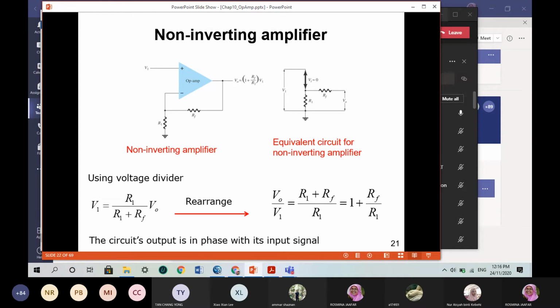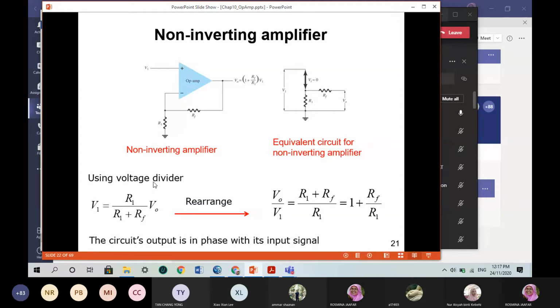For the non-inverting amplifier, instead of putting the Vin at the negative terminal, we now put the Vin at the positive input terminal, and your RF is actually connected to your negative input terminal.